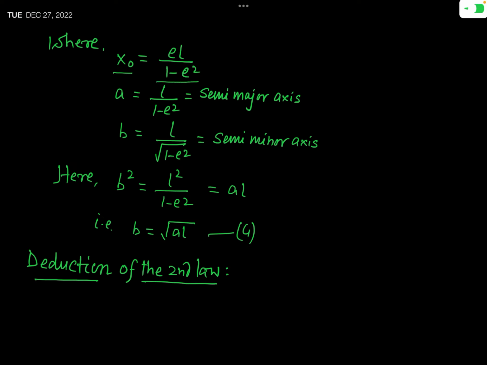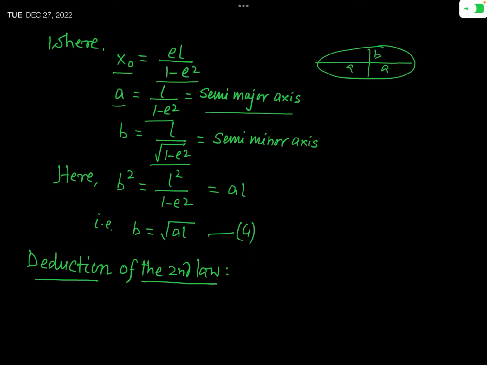Okay. And A equal to L over (1 minus e square). This is actually the semi-major axis of our ellipse. Okay. Semi-major axis. This is A. And B is equal to L over root over (1 minus e square). This is the semi-minor axis.